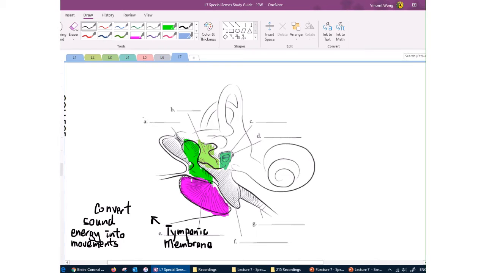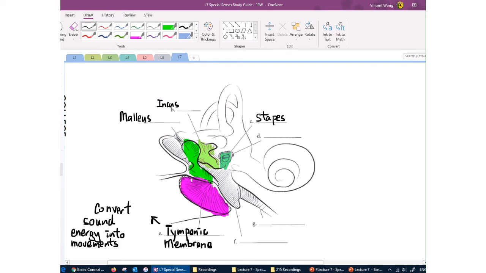The first one is called the malleus. The second one is called the incus. And the last one is the stapes. Okay, so the malleus is connected to your tympanic membrane, and the stapes is connected to a membrane here that we'll get to in a second, and the incus is in between.